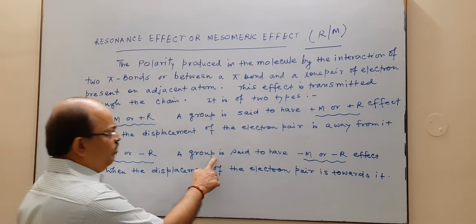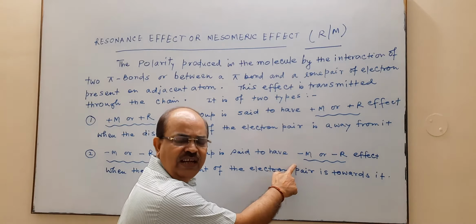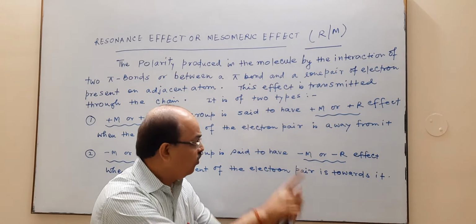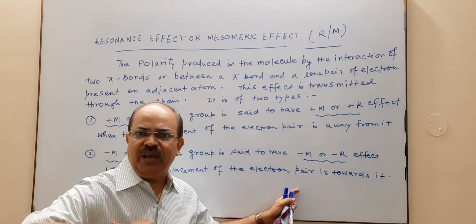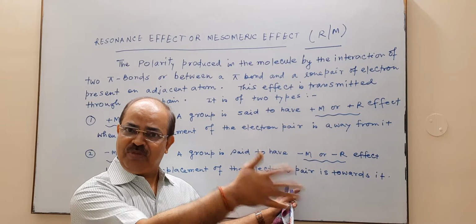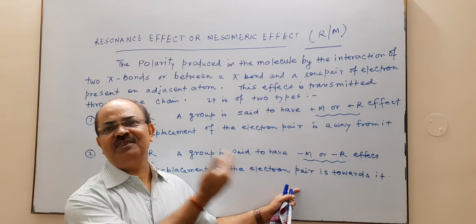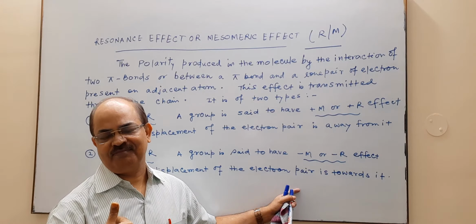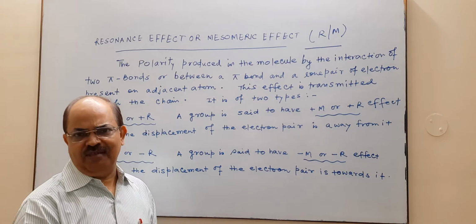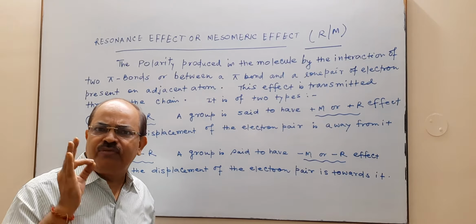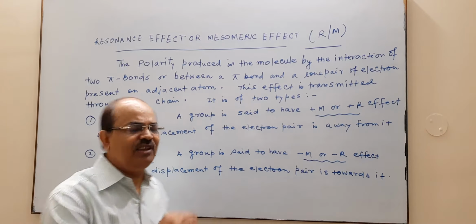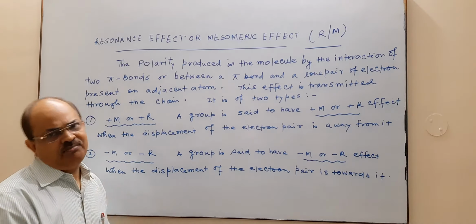However, a group is said to have minus M or minus R when the displacement of the electron pair is not away from it, just opposite, it is towards it. Now let us see the example. If you see the example, then there will be no confusion in understanding your plus M or plus R.